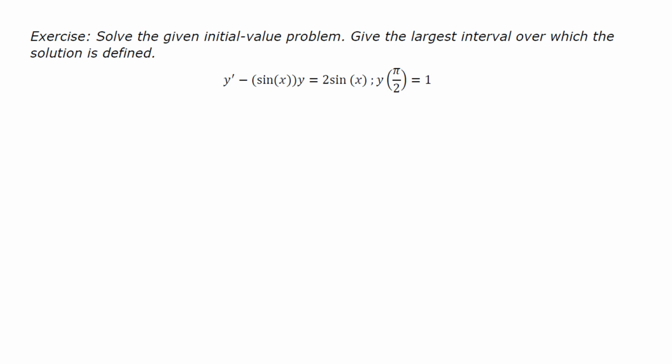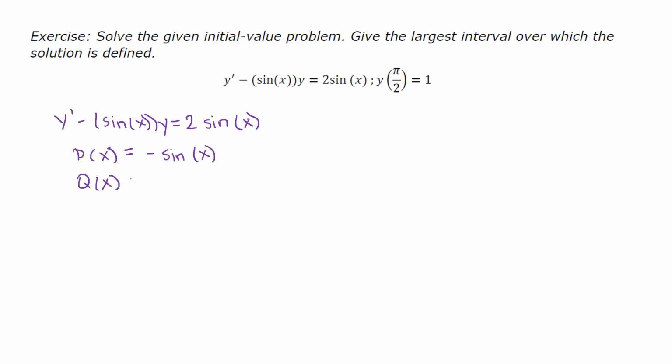So let's begin. So I'm going to just rewrite my DE here. So I can then identify my p of x, which is negative sine x, and my q of x, which is 2 sine x.